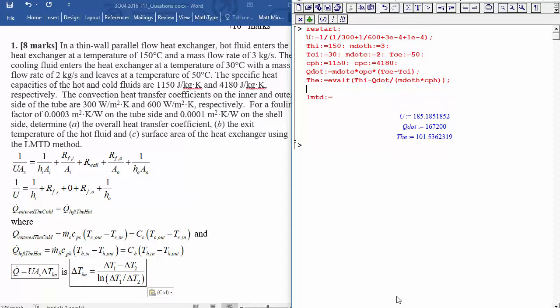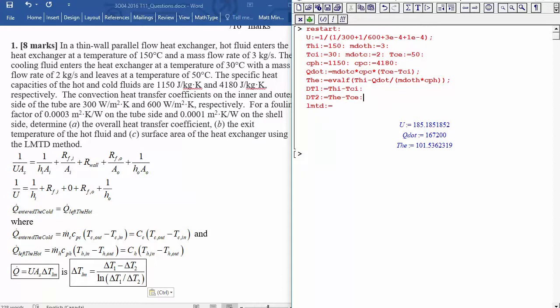So let's actually write out what these delta T's are. DT exit, or maybe we'll call it DT1. Yeah, so that's going to be the bigger one for us to get a positive number here. So DT1 should be at the inlet, so that's THI minus TCI for parallel flow, and DT2 is THE minus TCE.